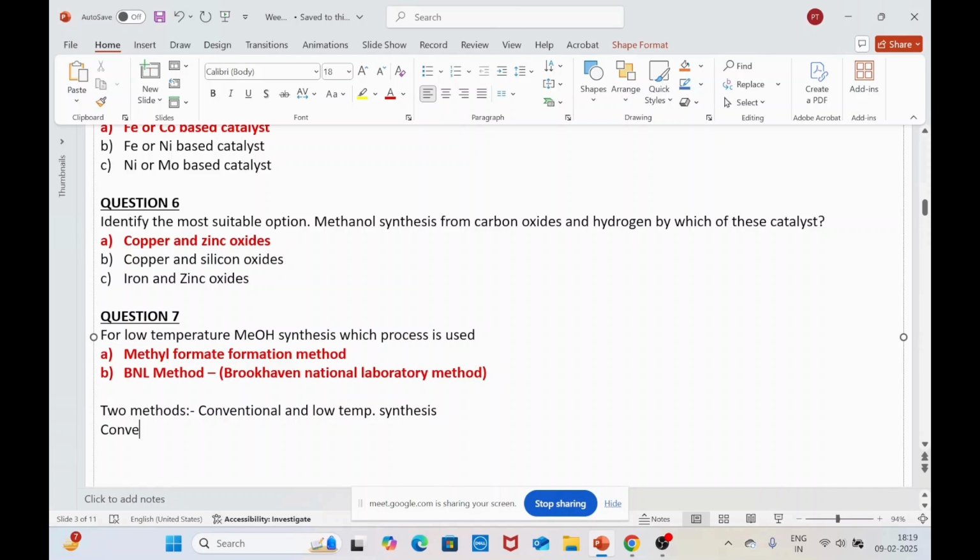So in case of conventional, as somebody said, temperature is 220 to 250 degrees Celsius, and the pressure is around 5 to 8 megapascal.